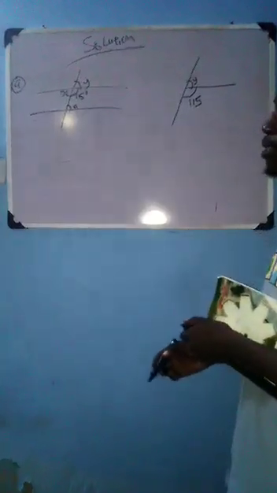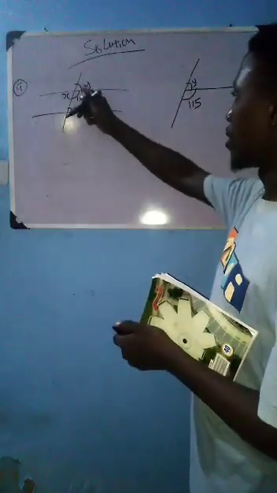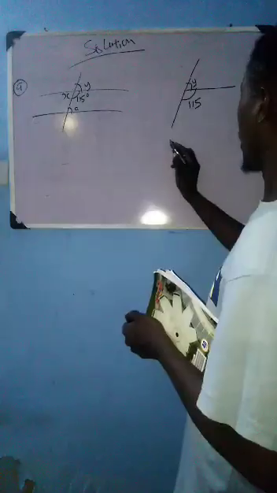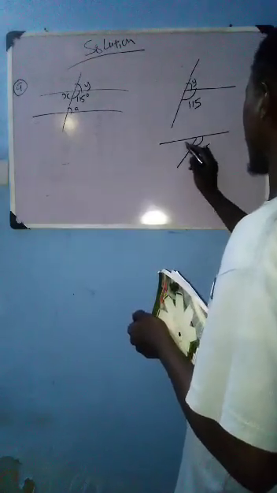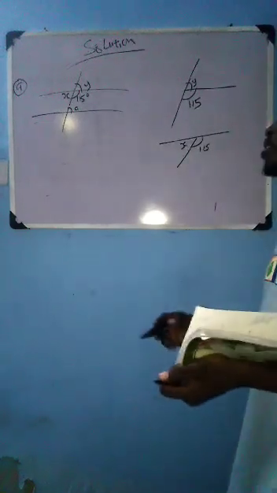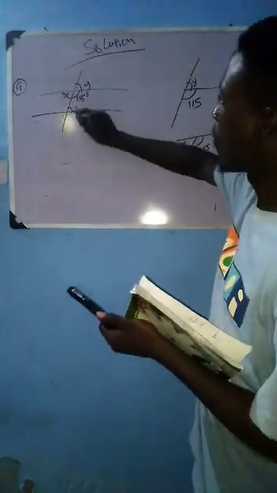Or you can cut this side. You have 115, and you have X. Any of them you want to cut, you'll still get the same answer, because it is the one that has a number. From here you can begin to solve and find the rest.